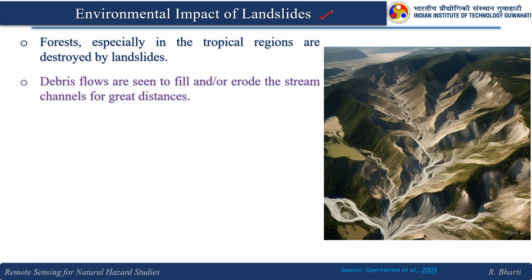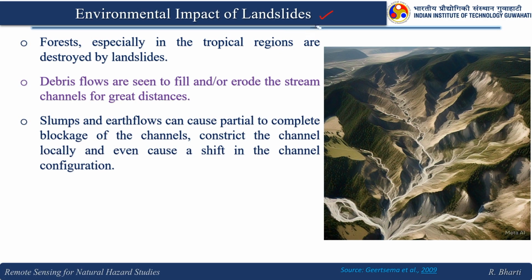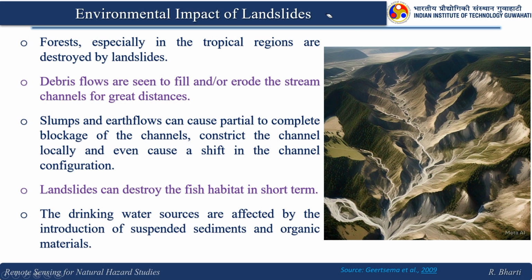So, when we talk about landslides, we also have the environmental and other impacts. So, let us see the environmental impact of landslides. Forests, especially in the tropical regions, are destroyed by landslides. This is one of the major problems, and because of landslides we are having deforestation.